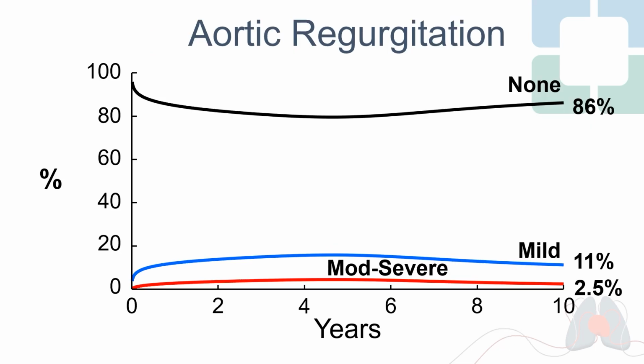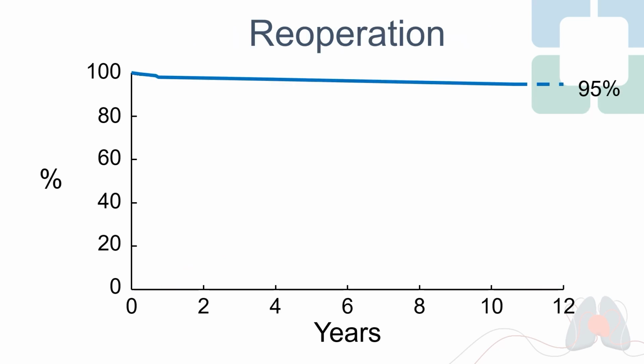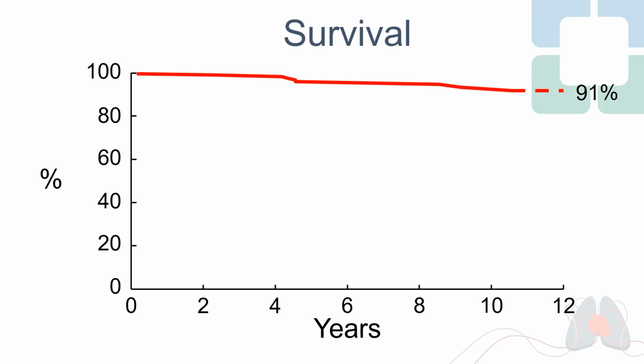Aortic regurgitation over time was pretty good in this series, and freedom from reoperation was 97% at 10 years and 95% at 12 years. Survival in this patient series is also excellent at 91% 12 years after surgery.